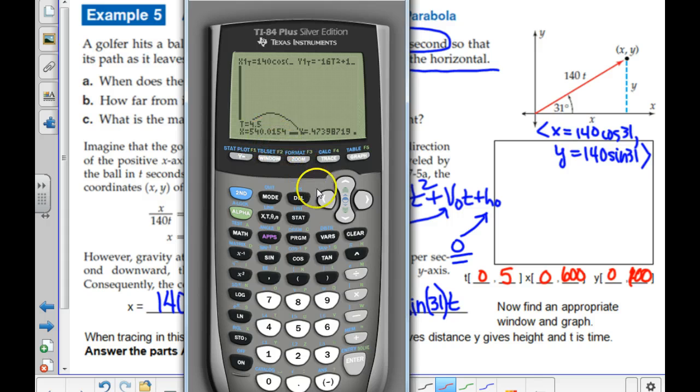I got 540-ish, and it will depend exactly. I have to give you some leeway on this because you can't get it exactly. If you wanted to be a nerd like me, you could go trace and put in like 4.41, 4.42, and see how close to 0 you could get that.